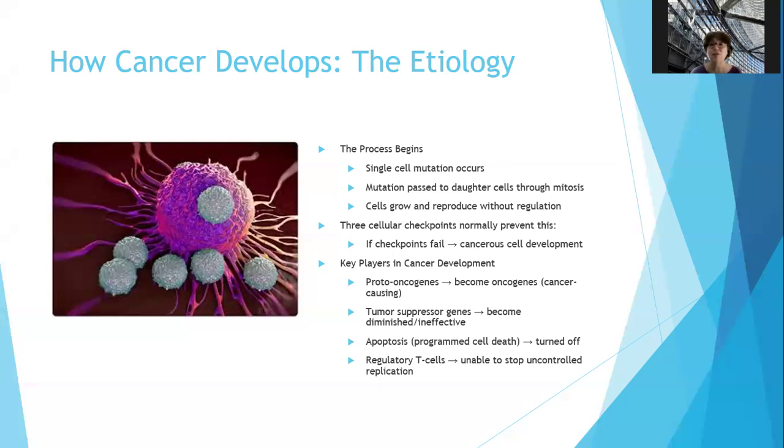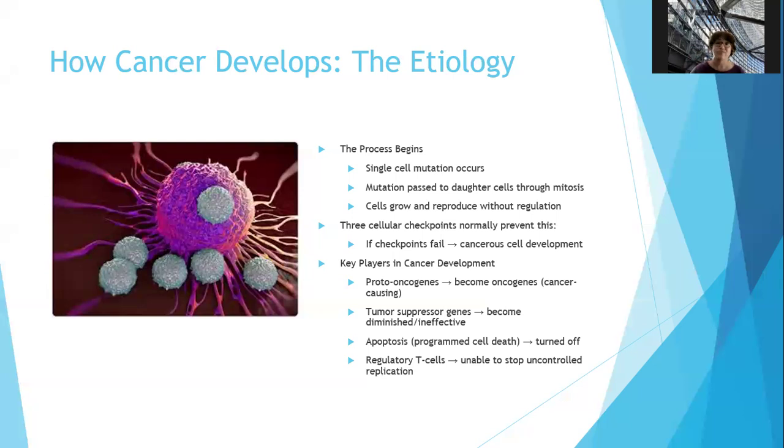Regulatory T cells, so those natural killer cells, remember those guys? They are unable to stop uncontrolled replication. So as we get older, we have fewer NK cells, and so people who are older have more of a chance of developing cancer for different reasons.